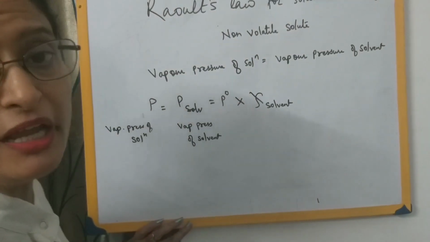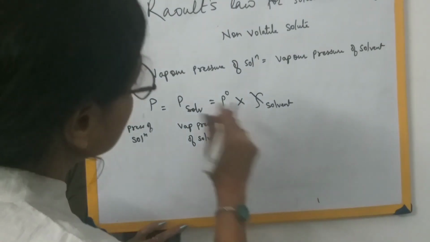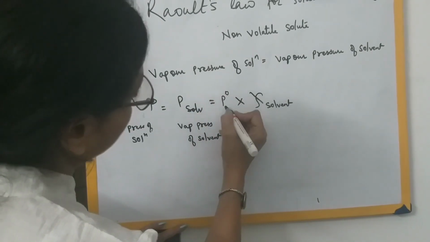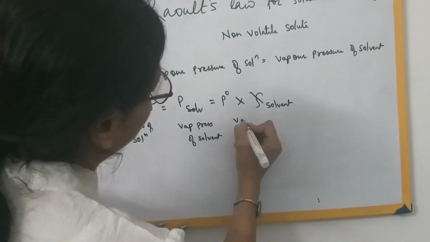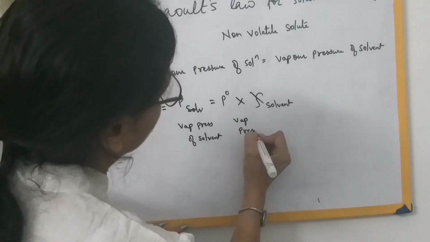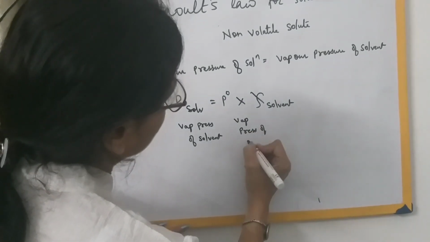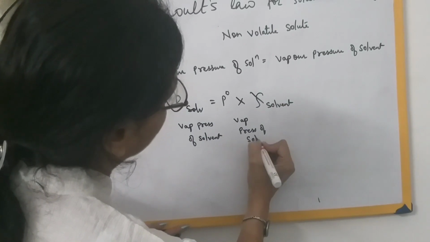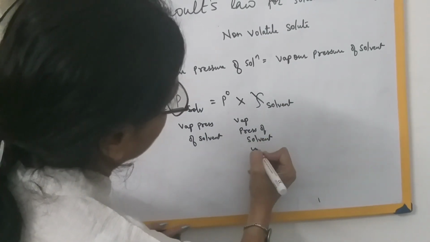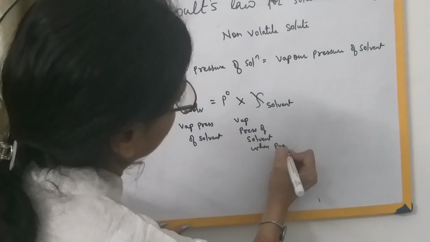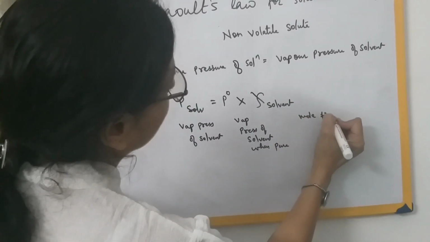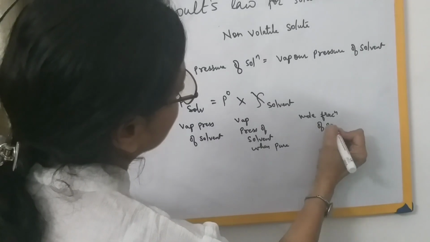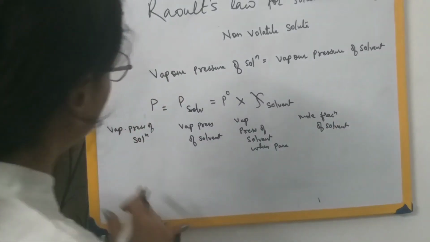Because solute is not taking any part in this, which is equal to the product of the vapor pressure of the component, or vapor pressure of solvent when it is pure, and this is the mole fraction of solvent. Clear?